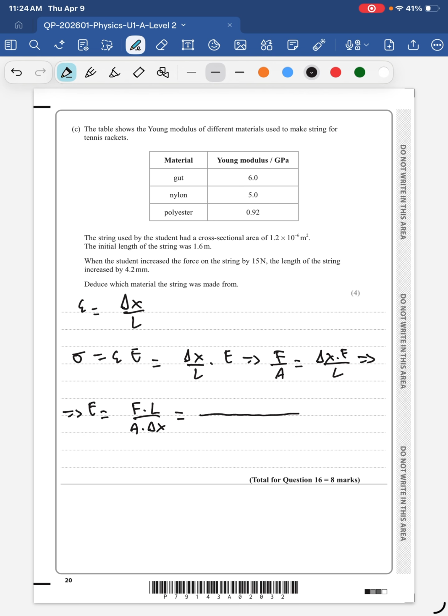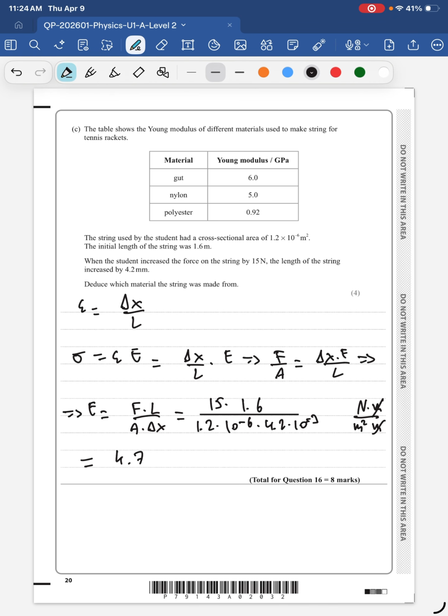So that's 15 times 1.6 over 1.2 times 10 to the negative 6. By the way, the units are newtons and then meters squared. And then delta x is 4.2 times 10 to the negative 3, again meters.